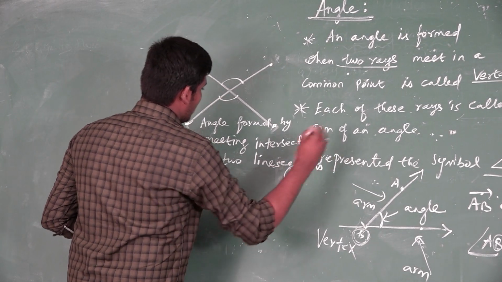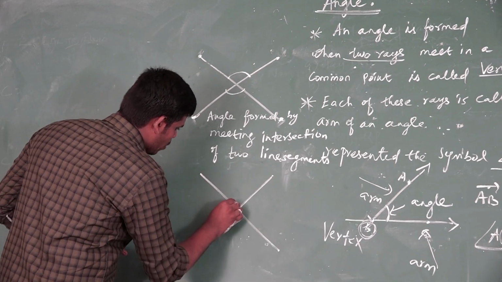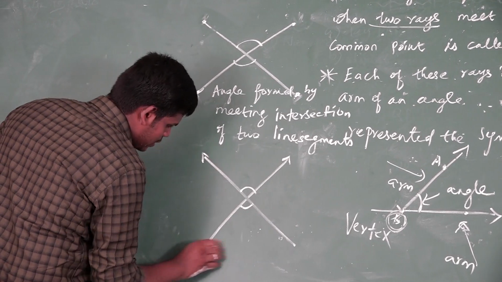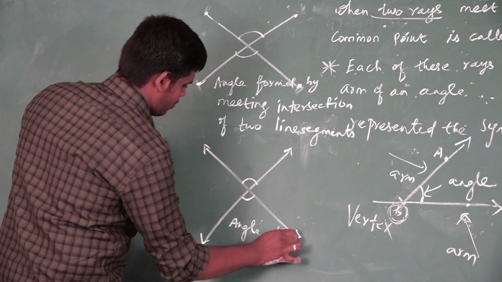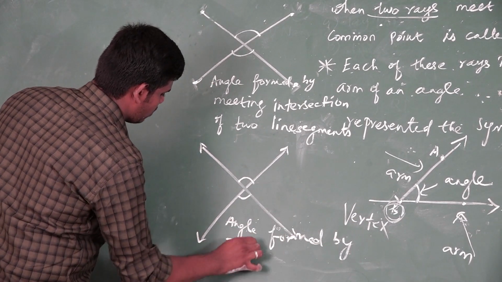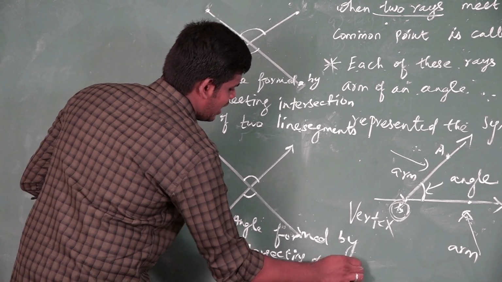Two line segments, another we can draw. So this is a common point, in between the place. We can draw the arrow. So here see, an angle formed by intersecting of how many lines?